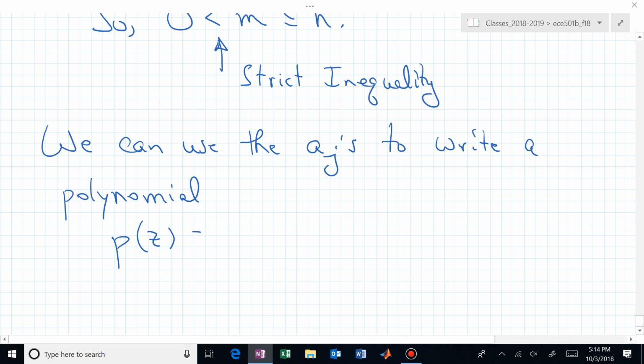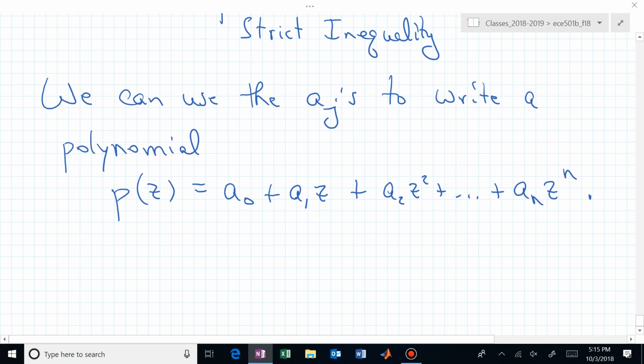So now p of z is going to be a sub 0 plus a1 z plus a sub 2 z squared. And we can keep doing this. We can even go all the way up to a sub n, z to the n. Let's just do it. We've said we don't know what a sub n is. If it's 0, it's 0. But now we have this polynomial.